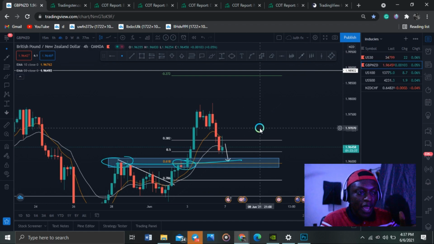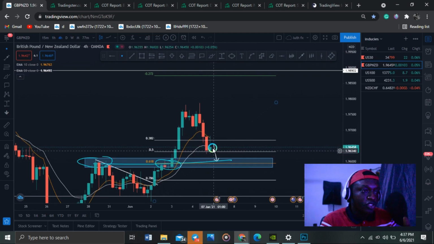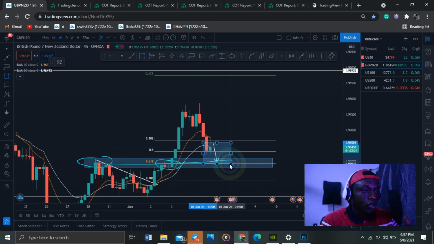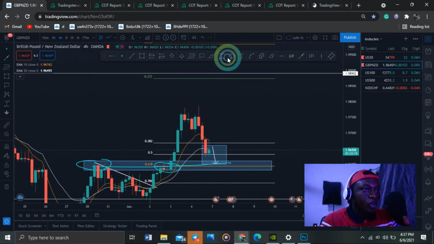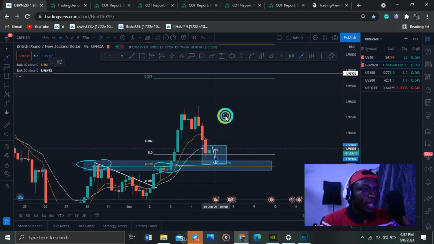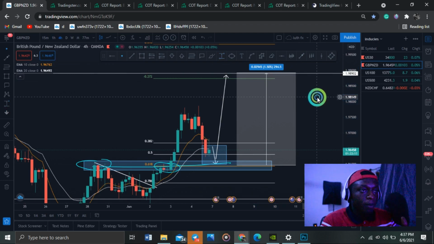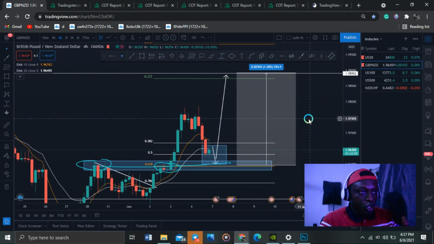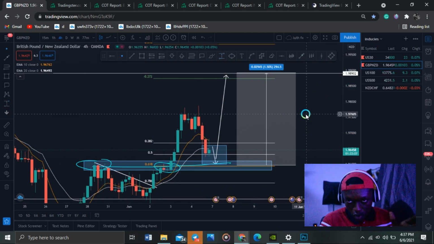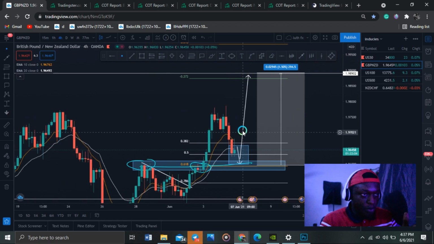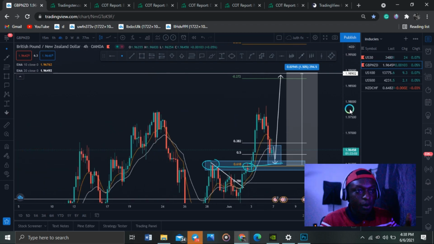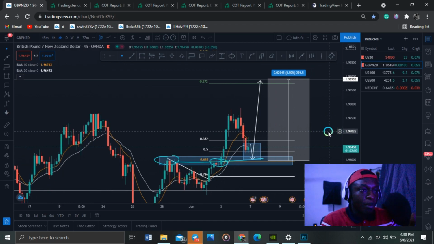You just have to keep your eye out and see if you are going to get an entry just about this zone, and price all the way to the upside. Let me measure it in pips and see how many pips we are anticipating. We are anticipating about 294 pips. This is a pretty good deal that I'm anticipating to take part in.